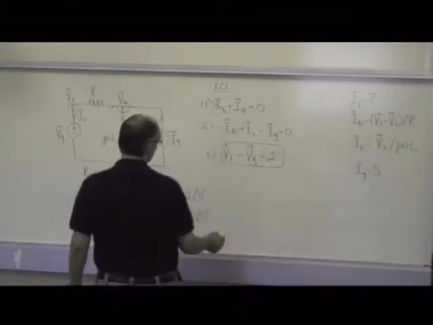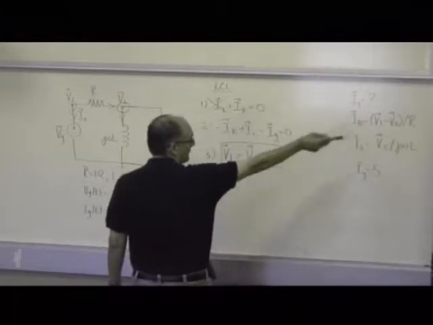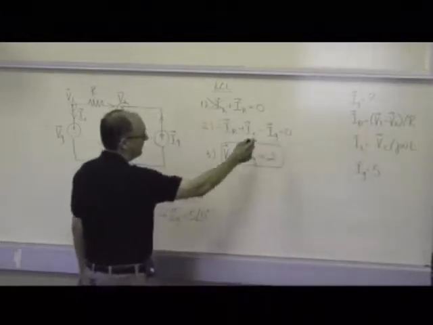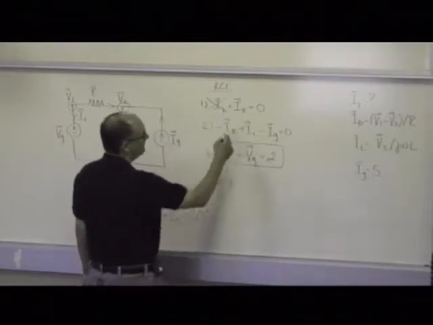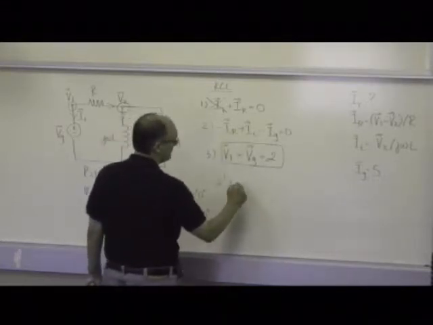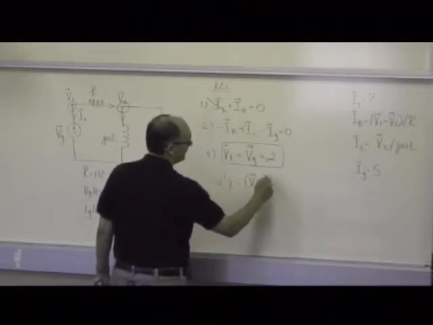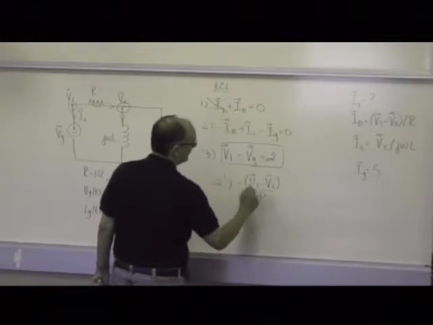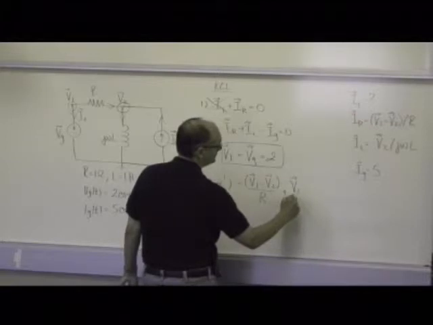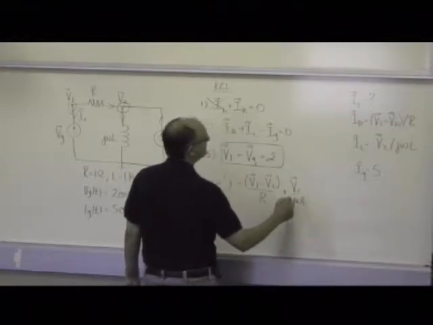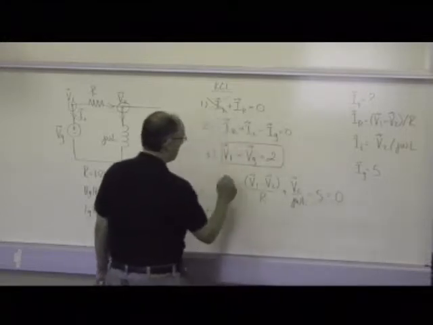For equation 2, what you have to do now is plug in what you have over there on the right. So I'll call it 2 prime, and 2 prime has minus IR, so minus (V1 minus V2) over R, plus IL, minus IG, equal to 0.